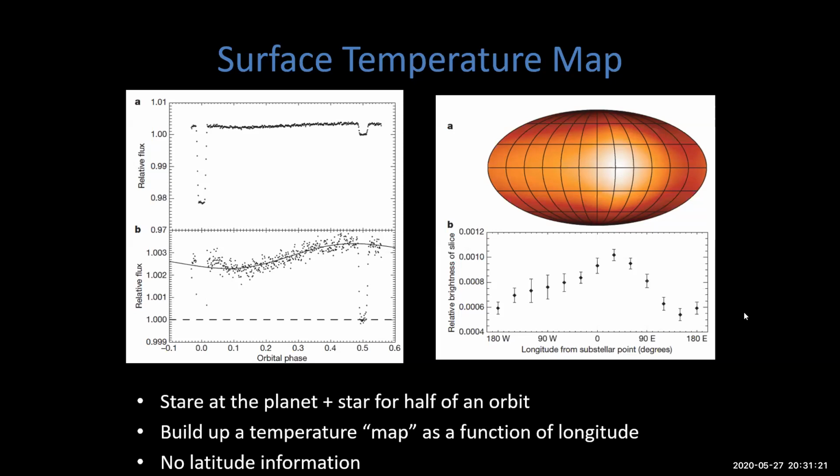They only get the longitude, so they can't tell north-south variations. They can only tell east-west variations. So based on the observations themselves, their model has to extrapolate the north-south. The pole-equator difference is based on their model, and the east-west difference is based on the observations.